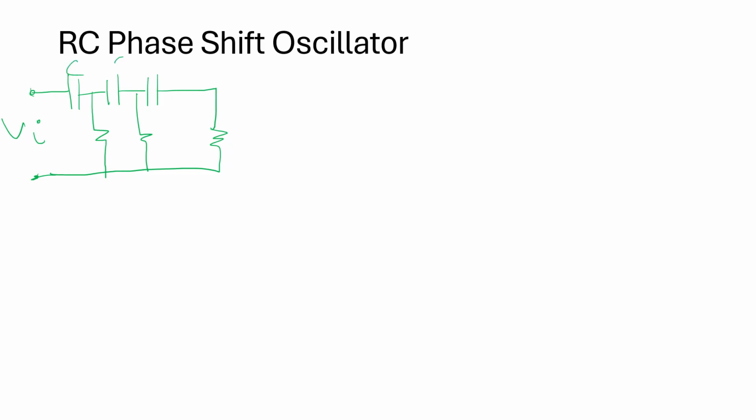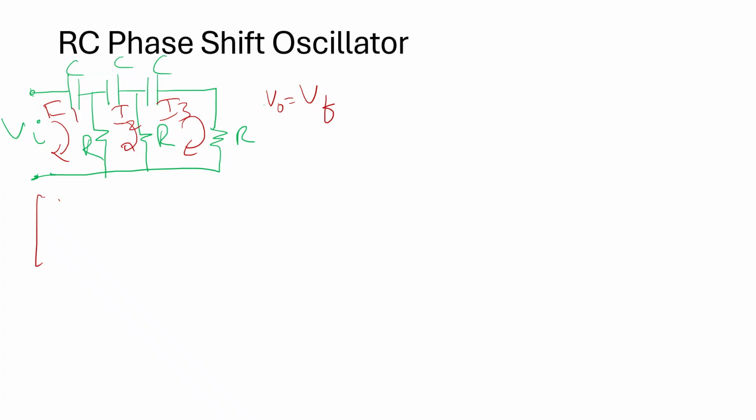Vi, three pairs of capacitors and resistors R, and we have V0 equal to Vf. Let there be three loops of the circuit. Let the currents I1, I2, I3 be flowing in the three loops. Then we can form a matrix with R plus 1 by SC, minus R, 0.